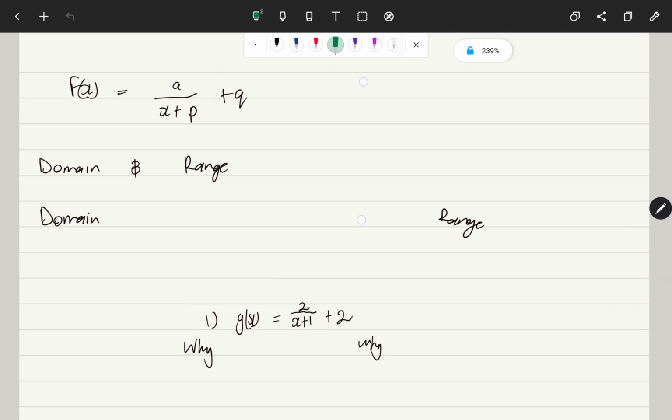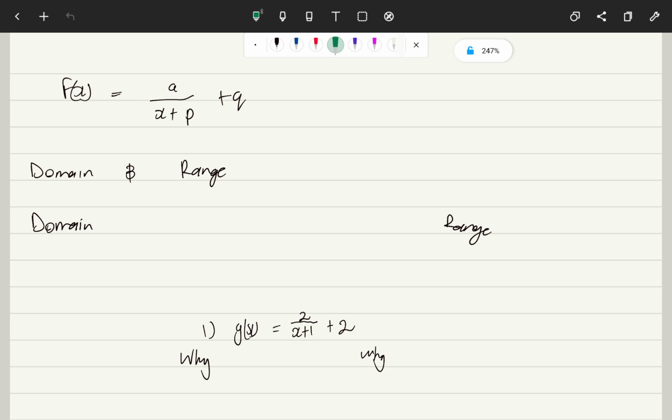So now this is the form that we saw in the previous page. We had Q. Q is the y value. When you see Q, we see a y value, but that y value is responsible for the vertical shift, and it is also the horizontal asymptote.